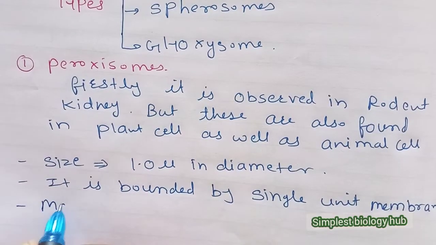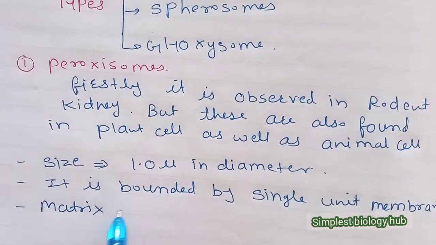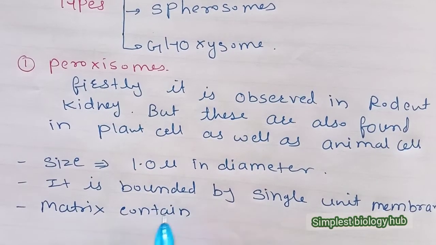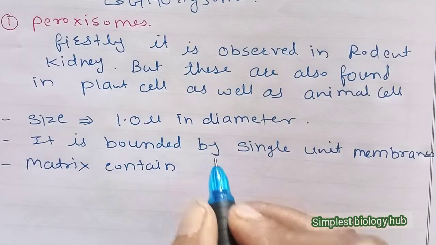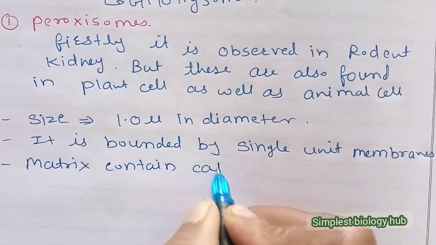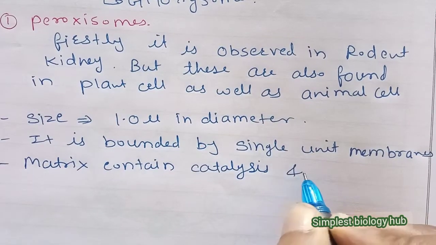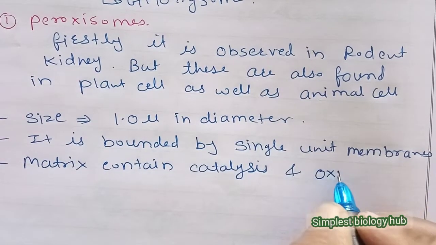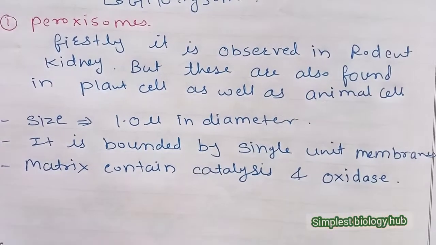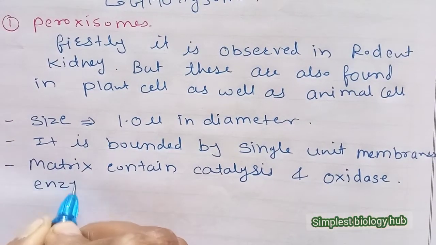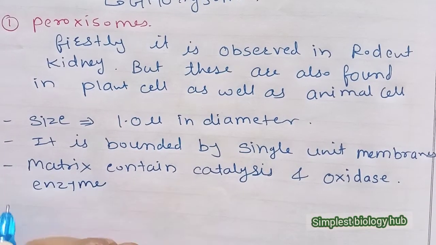The matrix of the peroxisome contains two special enzymes. Catalase enzyme is useful for the catalysis reaction, and the second is oxidase. These are helpful for the oxidation reaction.